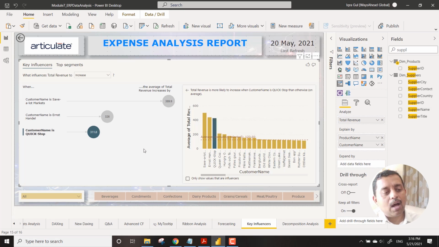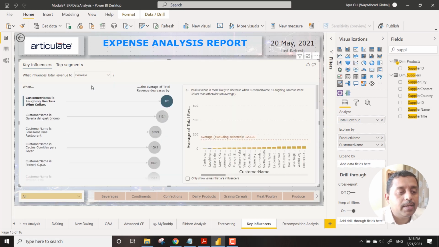Similarly, if you now make it opposite, so instead of what is giving me an increase, I ask what is making me decrease in terms of the revenue. I say decrease, and you see there are multiple factors or components giving me this decrease. If the customer is like this, then there is a dip.